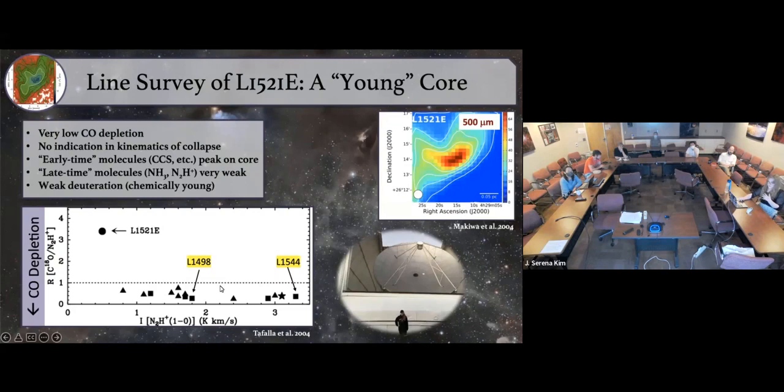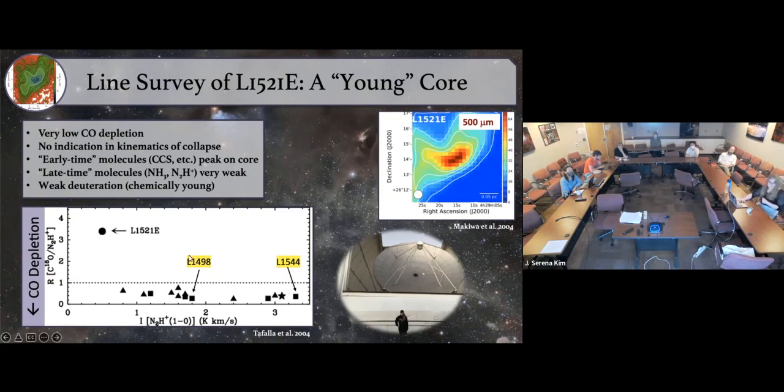This core, not only is it much less dense than the other cores that were previously targeted, but it shows very low CO depletion, which, as a core condenses and gets denser, CO freezes out. And so you see a depletion of CO.